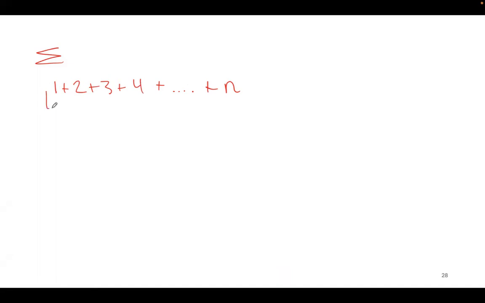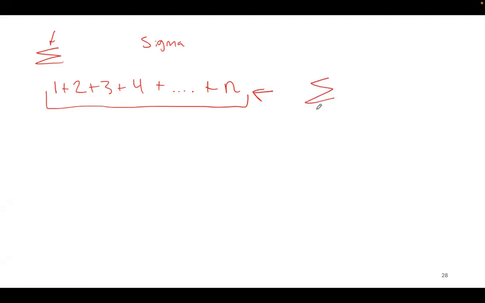The way to express something like this is to use this guy that looks like a weird E that is, in fact, a capital sigma. It's a Greek letter. And we can assign things around this Greek letter that tells us all about this thing.